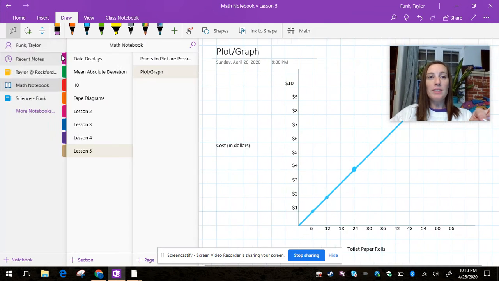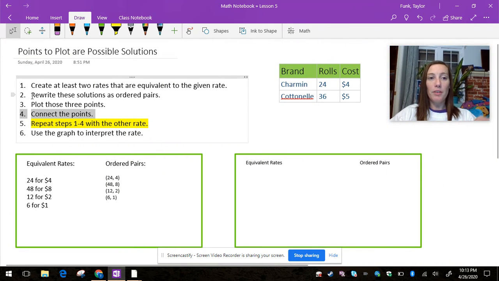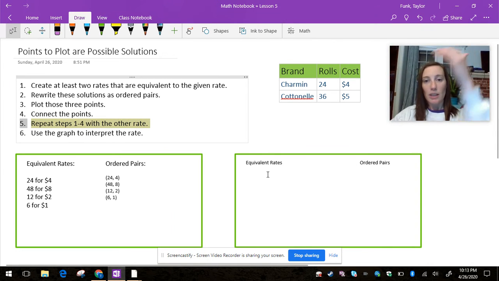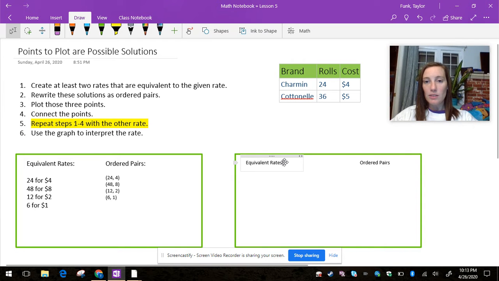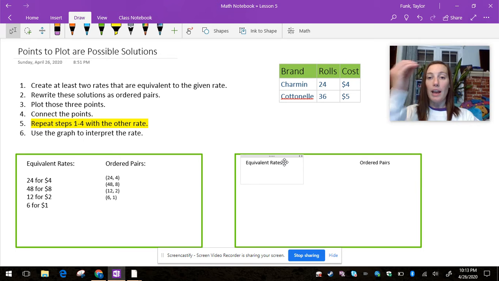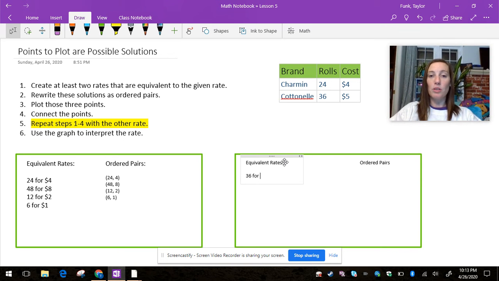So we've done steps 1 through 4. And now we're on to 5, which says repeat steps 1 through 4 with the other rate. Okay, so so far you should be like, oh my gosh, Miss Funk, I totally get this. All right, so I got to come up with equivalent rates. So 36 for $5 is the rate I was given.